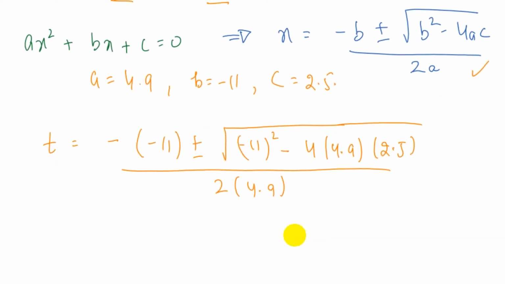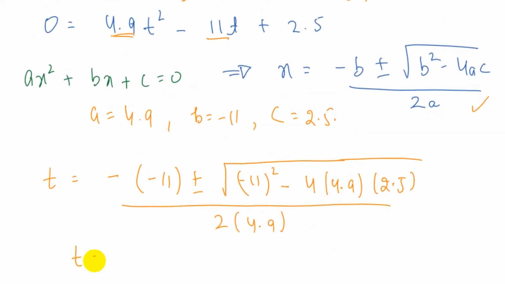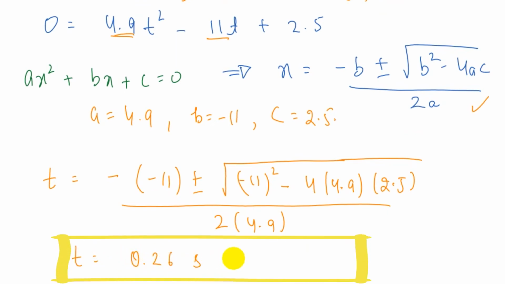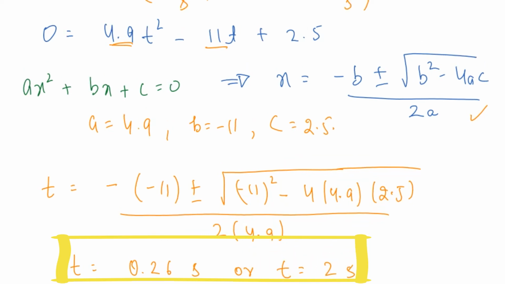So from here we'll get the value of t. We'll get two values. The first one is 0.26 seconds and the next one is t equals 2 seconds. So we have obtained two values for time, 0.26 seconds and 2 seconds.